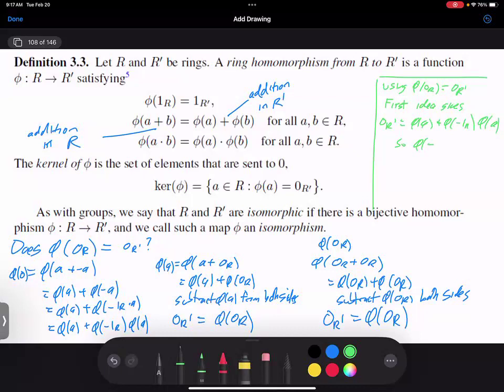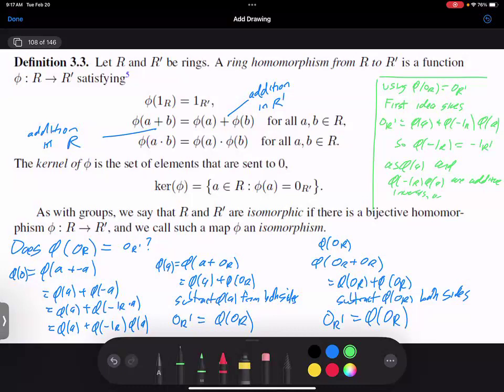So phi of negative 1r has to be negative 1r prime, as phi of a and phi of negative 1r phi of a are additive inverses.